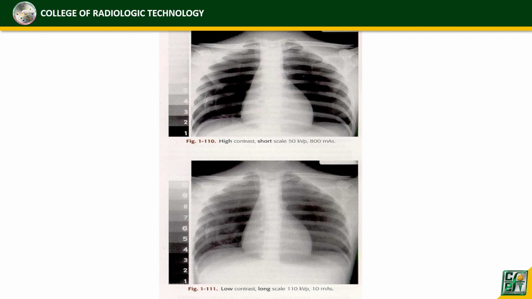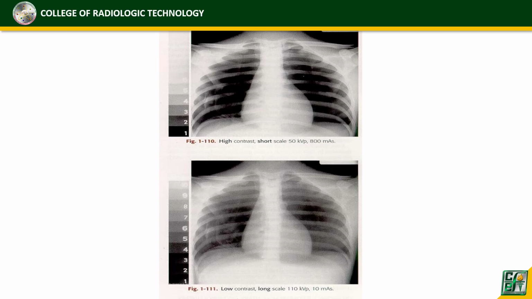Kaya kailangan natin ng many shades of gray. So kapag long scale, we will be able to see kung meron ba siyang peklat due to PTB or meron ba siyang pneumonia, or may sign ba na may active PTB ang pasyente.